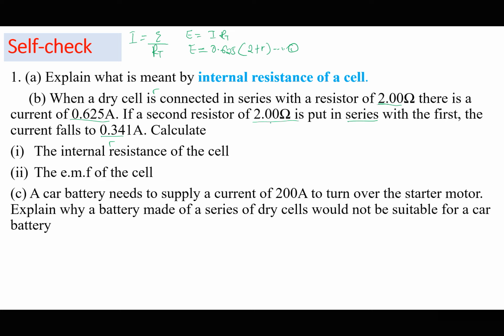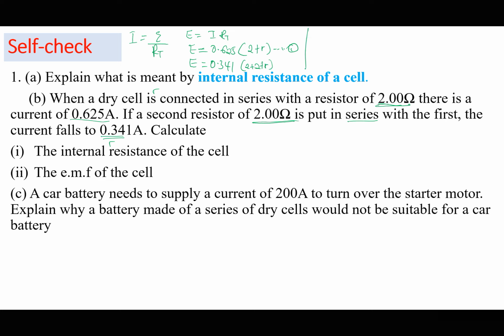Then for the second one, we now have 3 resistors in series. We have 2 ohms in series with the second one and in series with the internal resistance. So the second equation is going to be EMF equals the current, which drops to 0.341, into 2 for the first resistor plus 2 for the second resistor plus the internal resistance, that is the total resistance.